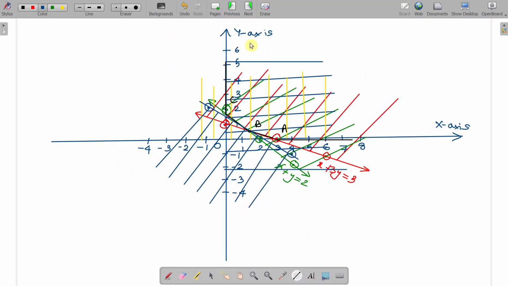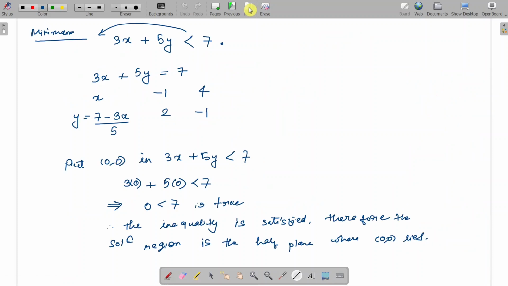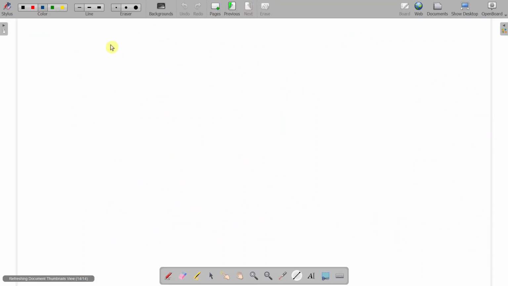And so you can see that there is no common point between the unbounded region and this solution region of the new inequality. Okay, so therefore we conclude that the minimum is 7.